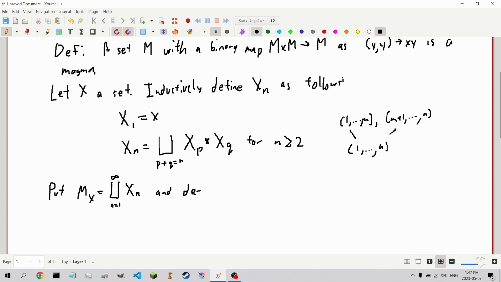And define our binary map on Mx, which is going to be Mx times Mx to Mx, as follows: the first item is going to be from some Xp, and the second is going to be from some Xq, and that's going to be sending them into X(p+q) through this process I showed above, which is of course still in our Mx.